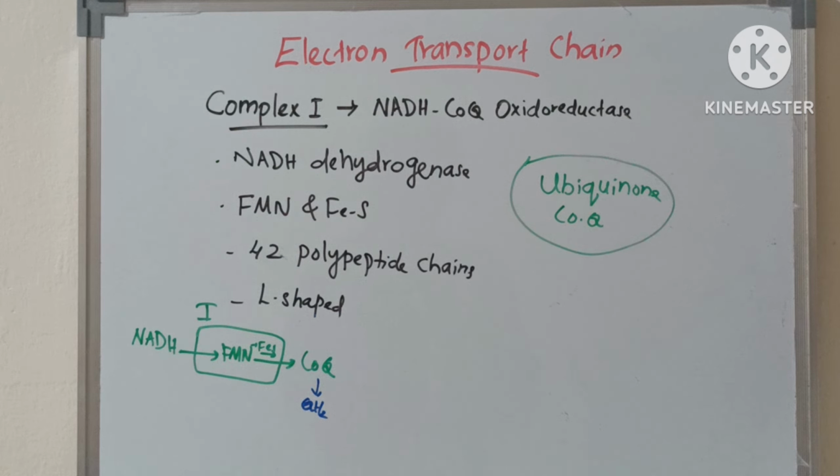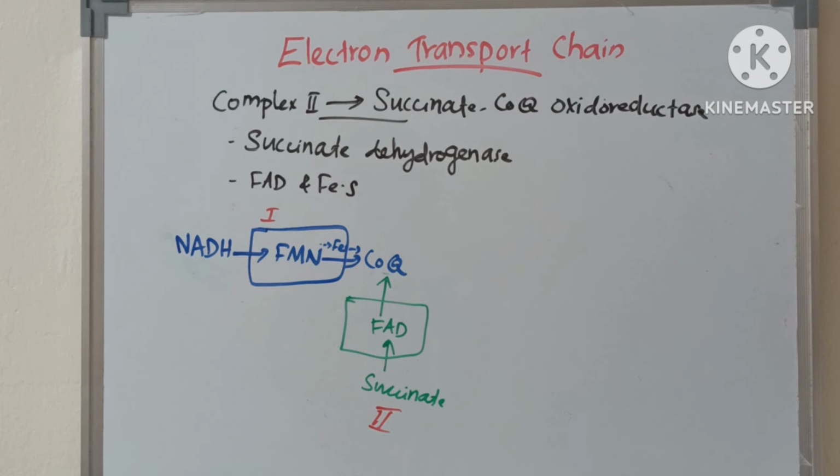From here, they are accepted by coenzyme Q or ubiquinone, which is converted first to semiquinone, that is QH, then to ubiquinol, that is QH2. That is complex 1.